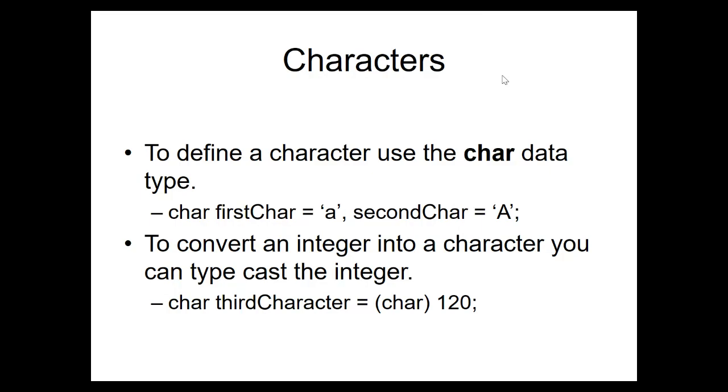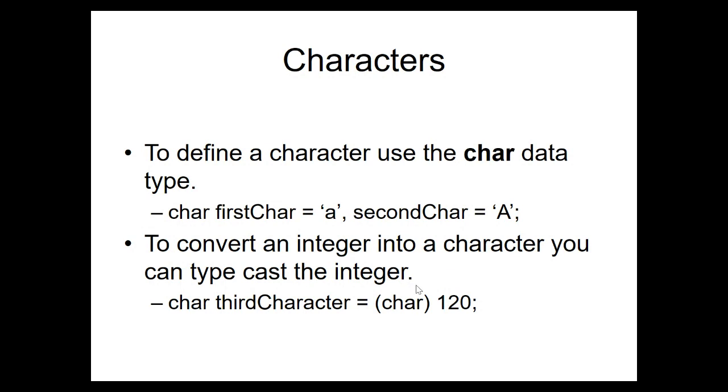Okay, so characters, we have the primitive data type char, so we define it. Char firstChar equals, in single quotes, lowercase a, secondChar equals, single quotes, uppercase A. So we can also convert those back and forth into integers and then back from integers into chars.